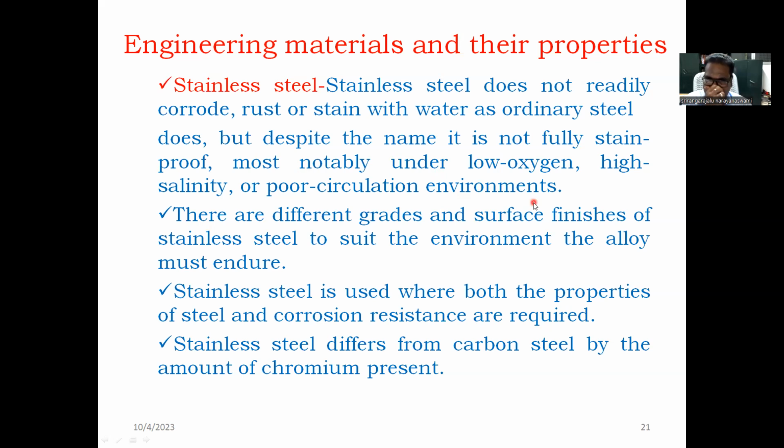There are different grades and surface finishes of stainless steels to suit the environment. The alloys must endure. Stainless steel is used where both the properties of steel and corrosion resistance are required. Stainless steel differs from carbon steels by the amount of chromium present.